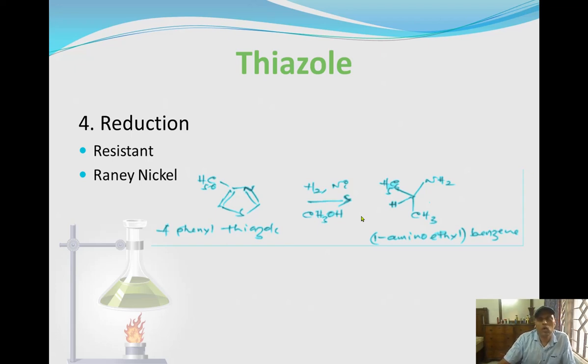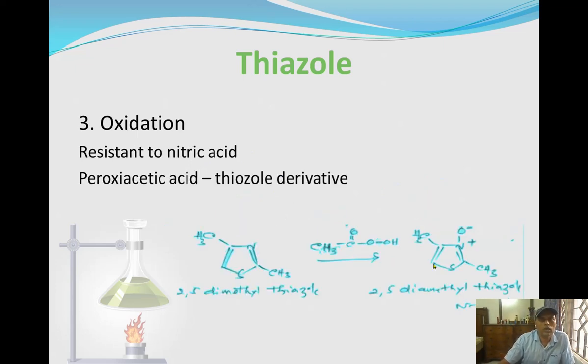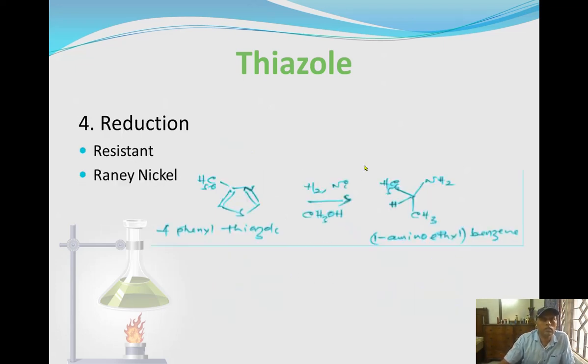So ring opening is going to take place here. In case of oxidation, ring opening did not take place, right, as you can see here, but in reduction, ring opening is going to take place. This is the product you are getting. You can compare this product with the initial chemical.